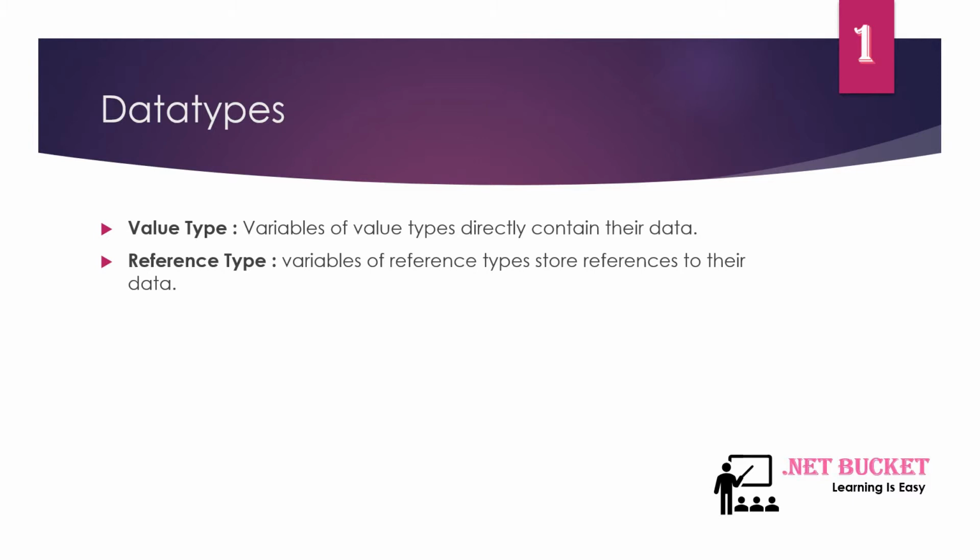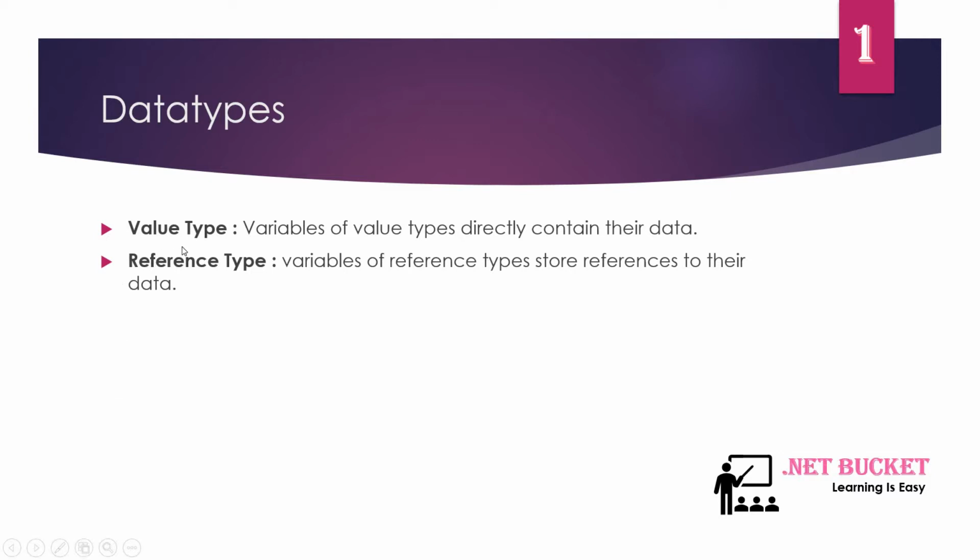So the question is, what is a data type? As the name itself suggests, it is different types of data, right? In C# we can basically categorize any data type into two categories. One is value type and another one is reference type.